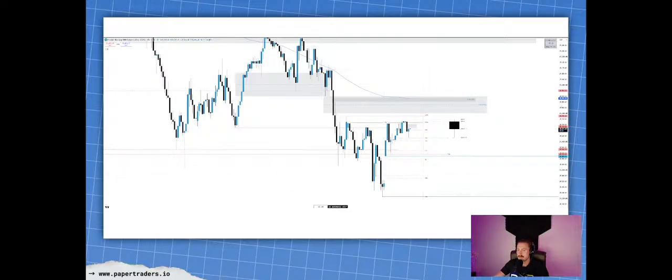Okay, so there we go. That new hourly's opening up right now. And then if price trades back above the PDH, then we can look for further upside here.